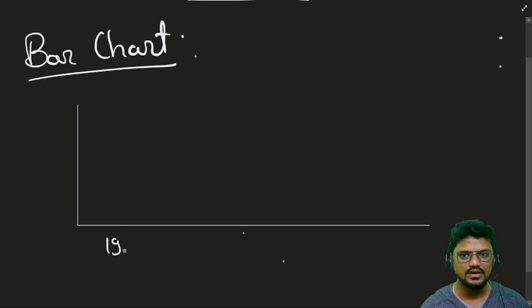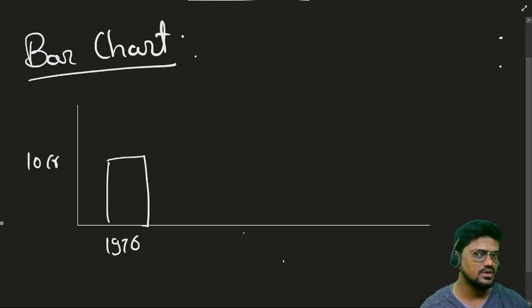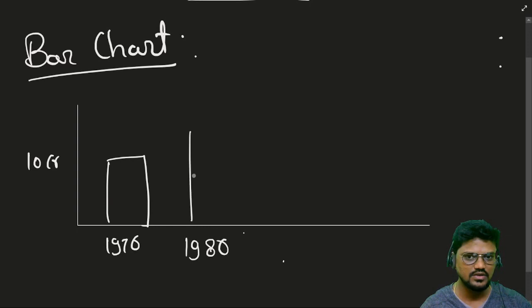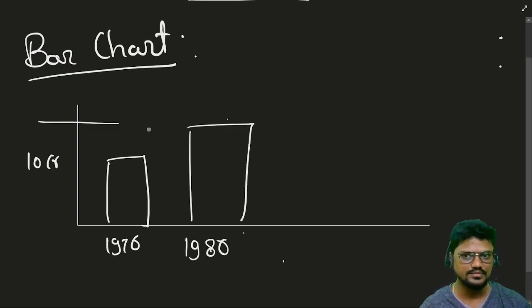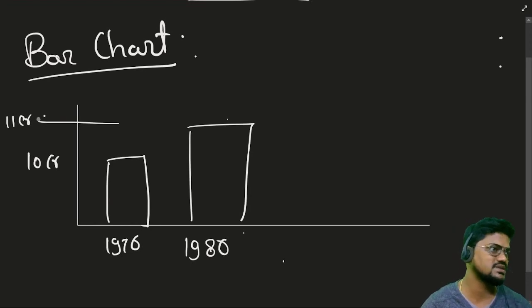Suppose in 1976 the population was 10 crores, and in 1986 the population grew to 11 crores. So in that way we can represent the data.